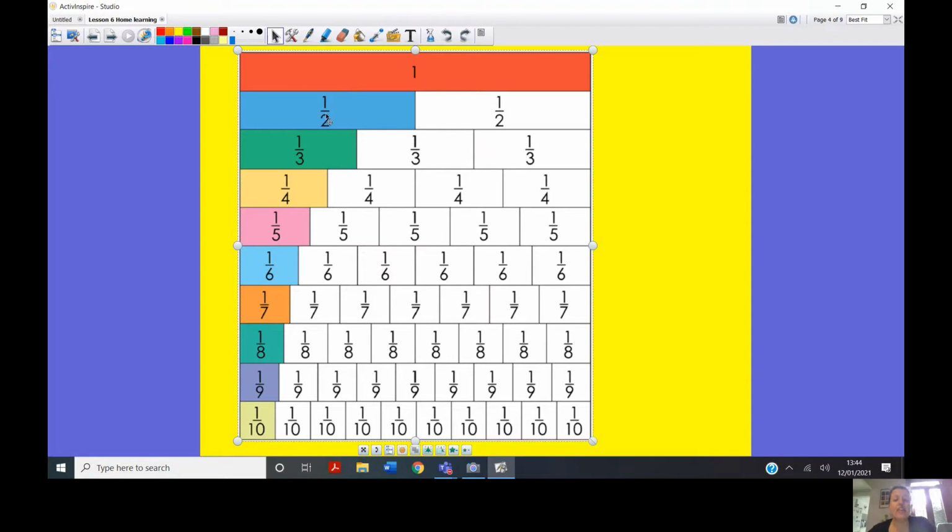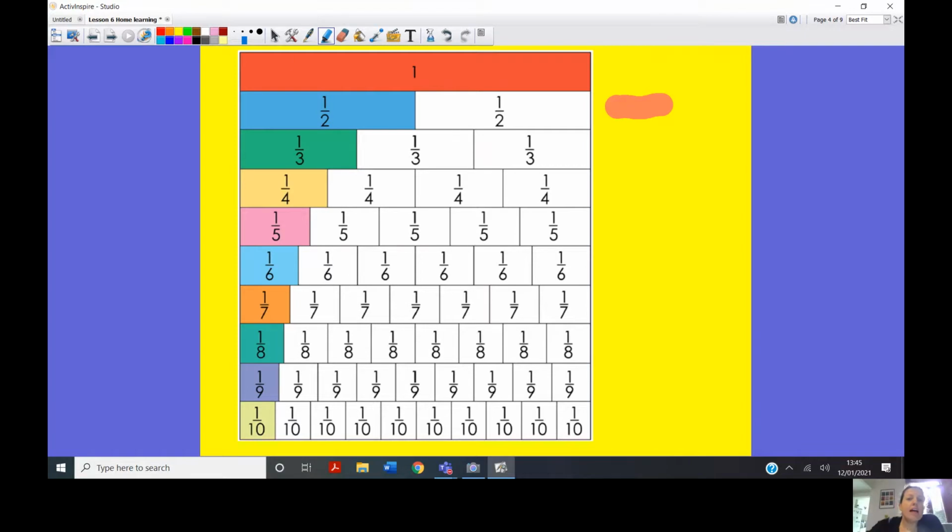As you can see here, this is my whole. I've divided it into 2 equal parts. This is my whole. I've divided it into 3 equal parts. This is my whole. I've divided it into 4 equal parts, and so on. What is interesting about your fraction wall is here, this line, we've got our halves.